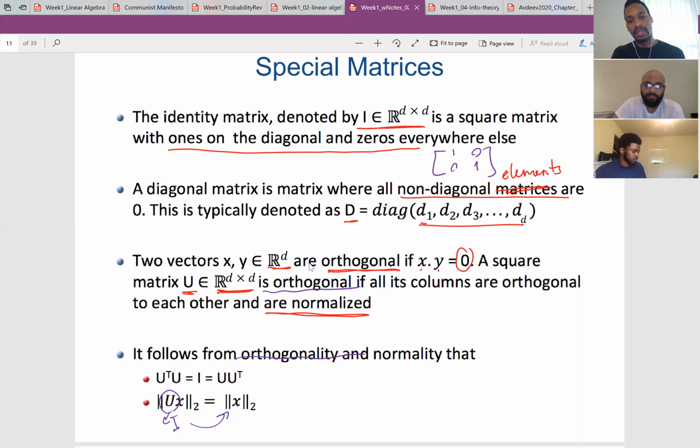And then you also have the additional property, I think this is actually called orthonormal. Maybe this is a typo. So I think it's called orthonormal if the columns are orthogonal and normalized. Could be wrong about that though, let me see.